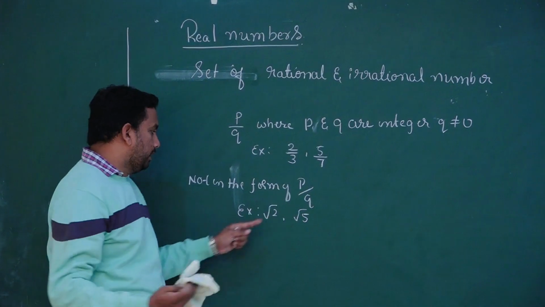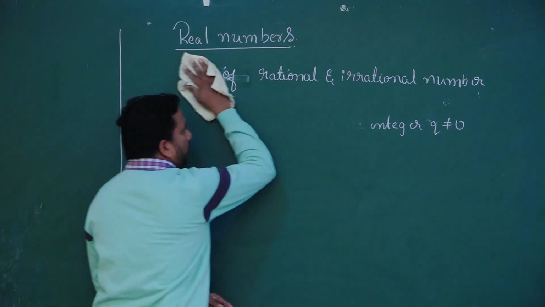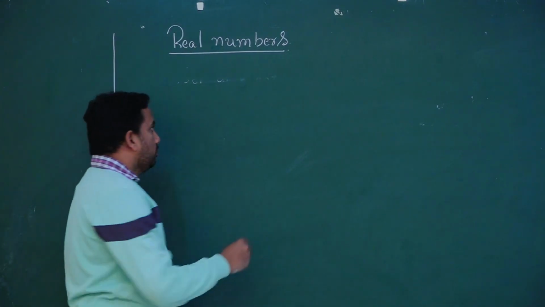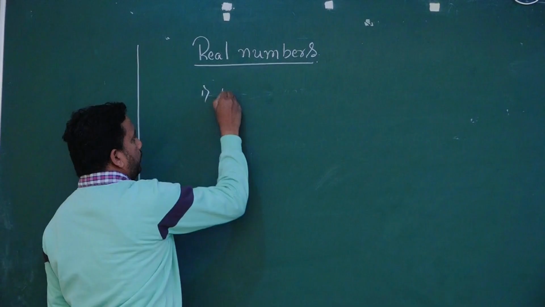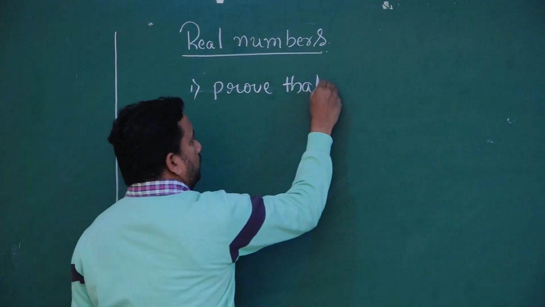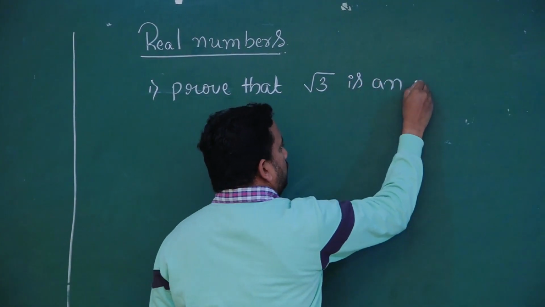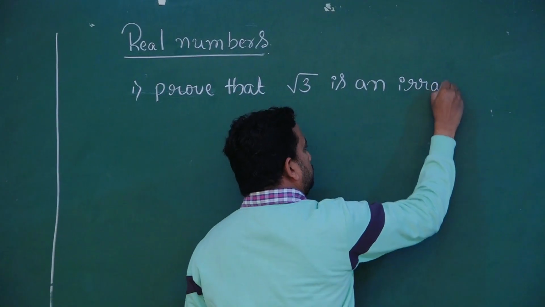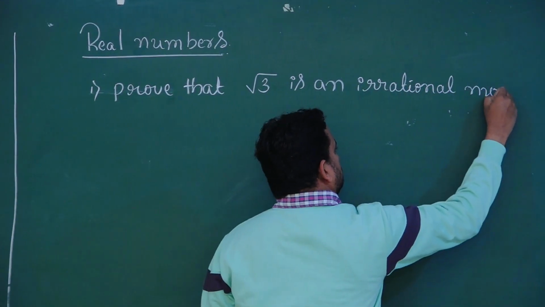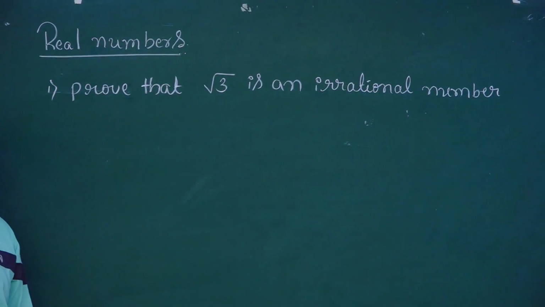That means we have an irrational number, and we have to give the proof for it. So in the real numbers, the first concept is prove that root 3 is an irrational number.